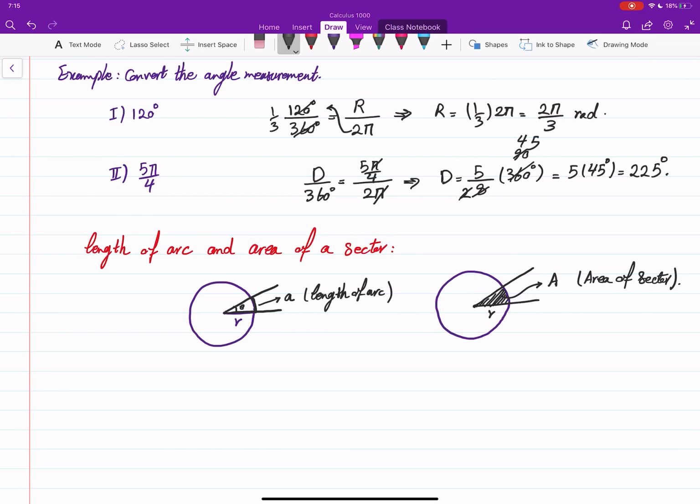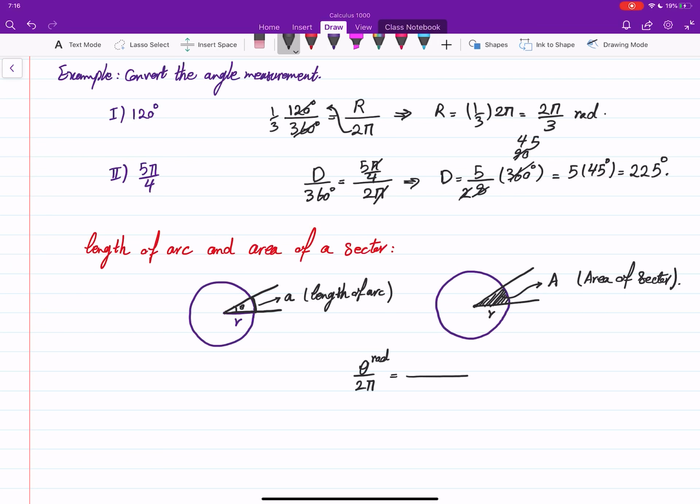And here again we have the same idea: the portion you have taken in the angle measurement will give you the same portion of the whole arc, and the same portion of area with respect to the full area. In other words, theta over 2 pi, in radian, is the portion of the angle with respect to the full circle.